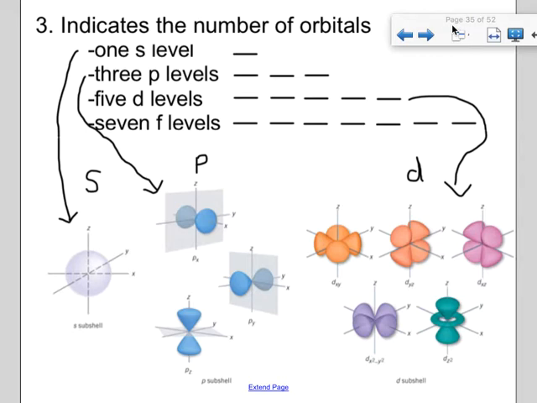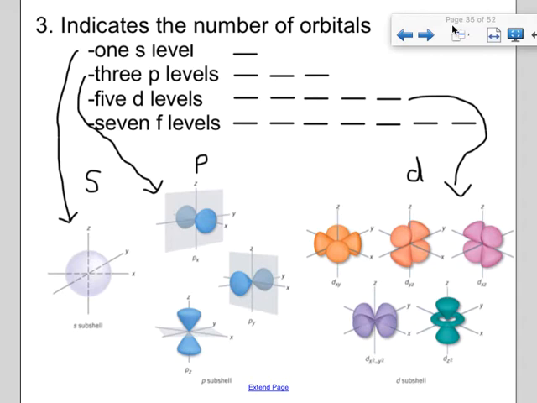Okay, I'll do another one. Let's do carbon. How many protons are in carbon? 6. So we're going to assume it's neutral. How many electrons? 6.